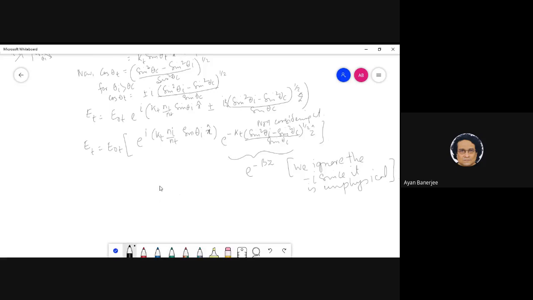Anyway, so essentially you have something like this, right? So what you can directly see is that this beta is like the attenuation constant, right?